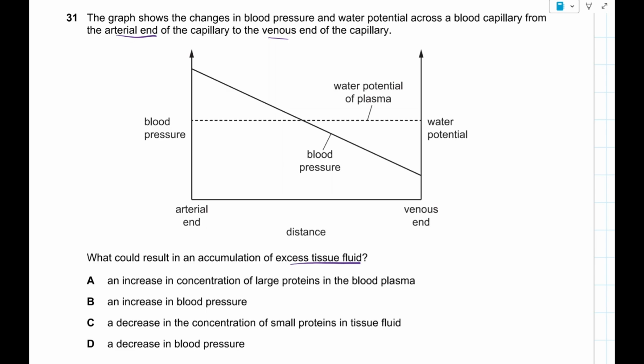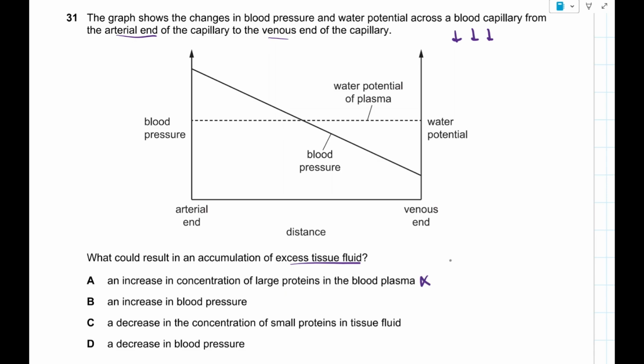Okay, a rule of thumb that we must always know is as blood goes from the arteries to the veins, or as blood leaves the heart back to go to the veins, the pressure keeps decreasing and decreasing and decreasing. Now, what could result in an accumulation of excess fluid? Now, let's see the suggestions that we have here. A, an increase in concentration of large proteins in blood plasma.